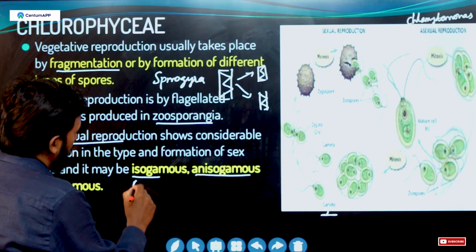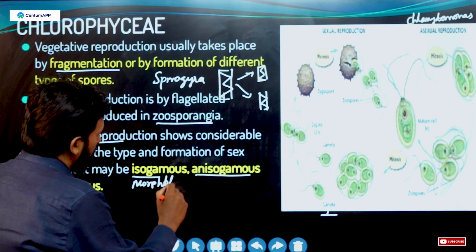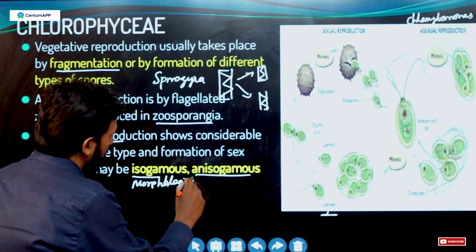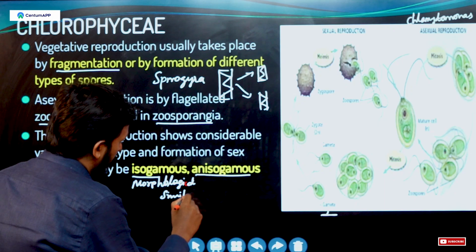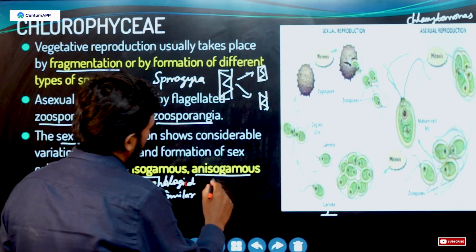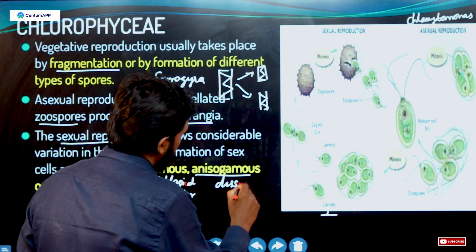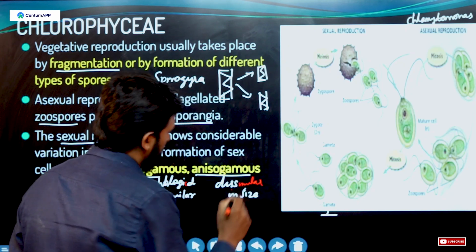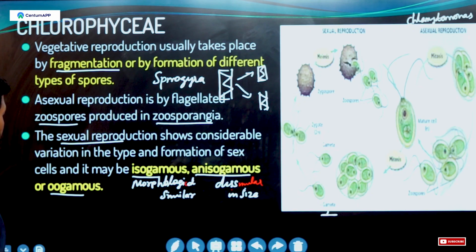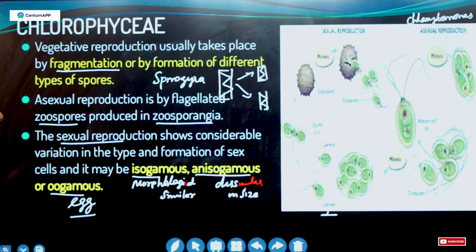Iso means morphologically similar, aniso means dissimilar in size, and oogamous means egg formation. These are all the chlorophyceae reproductions.